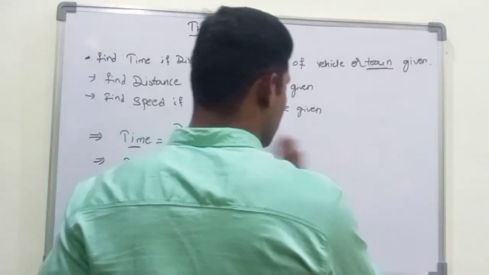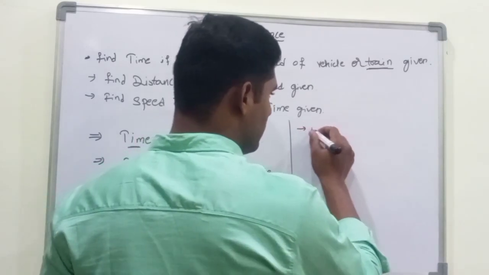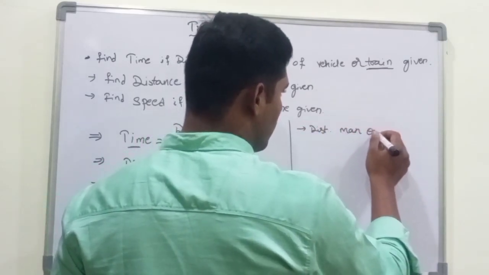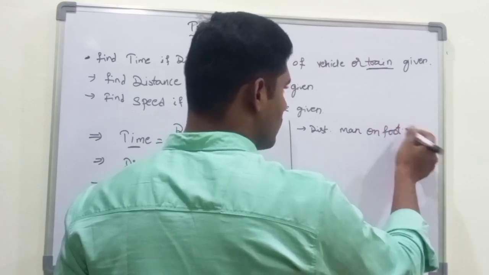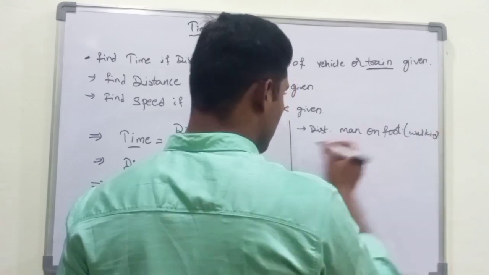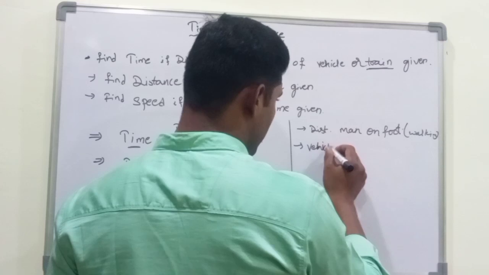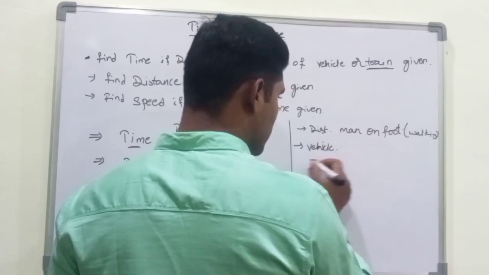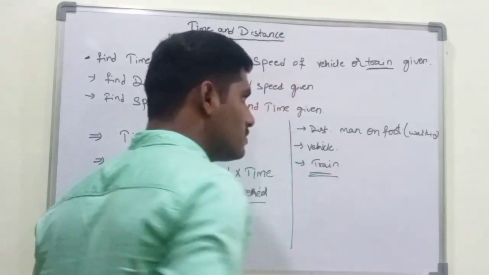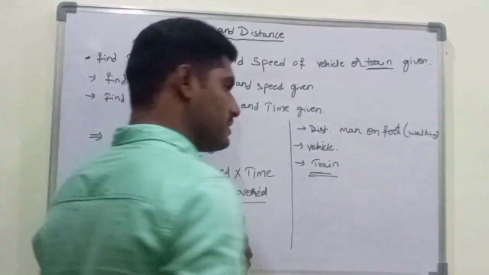It may be asked as distance covered by a man on foot, on foot in the sense walking, or distance covered by a vehicle or train. Based on this, we have to find the questions.